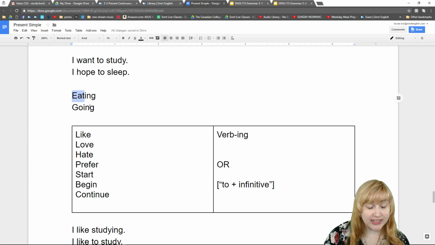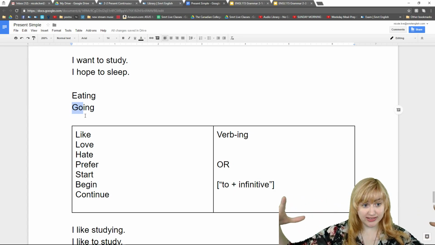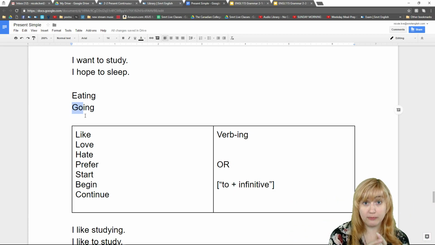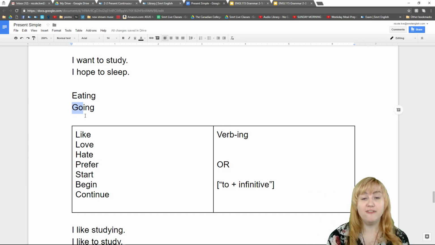Eat is our infinitive. Go is our infinitive. So that's one reason we use infinitives, is as a base form to build words. It's also our base form for present simple. So we build off of the base verb.